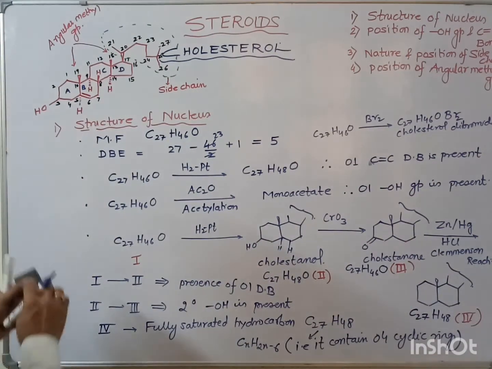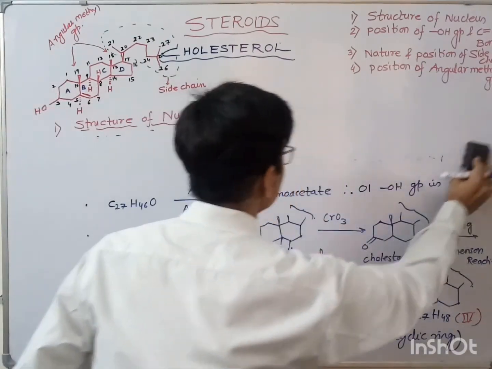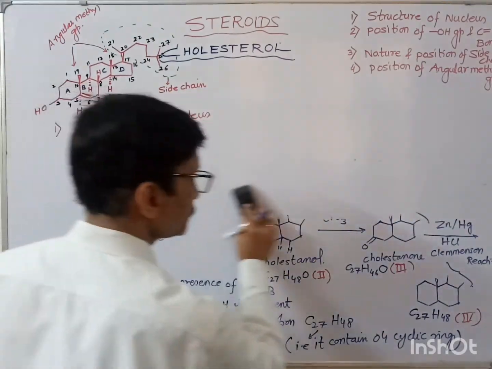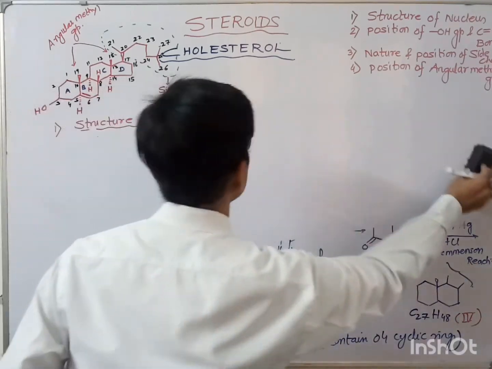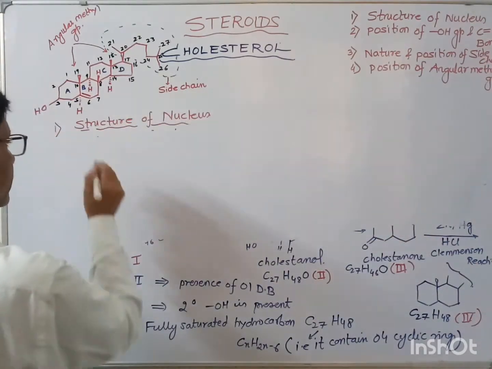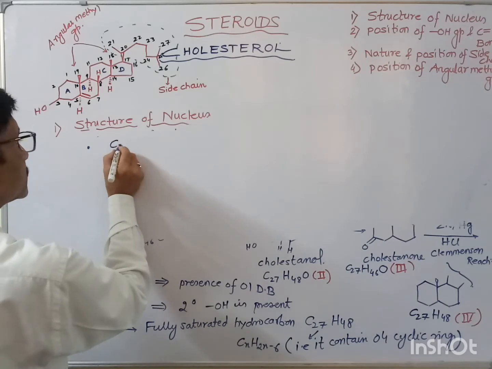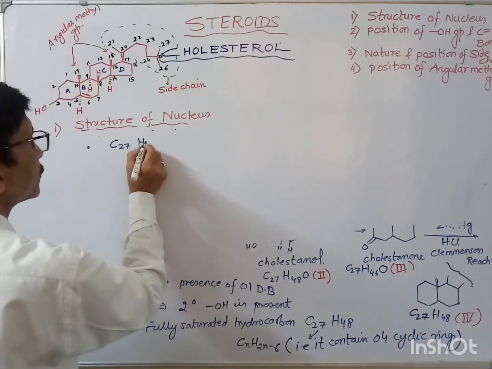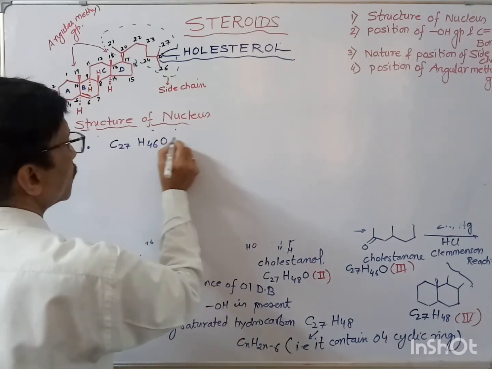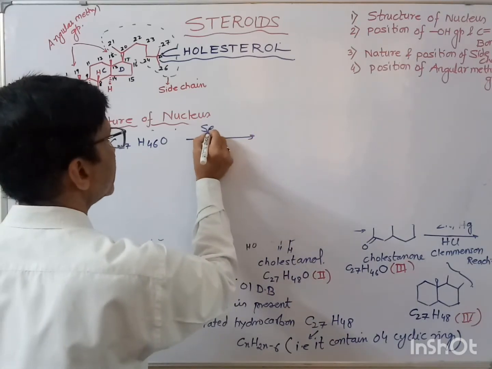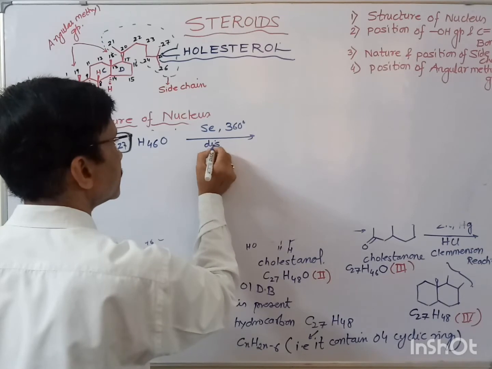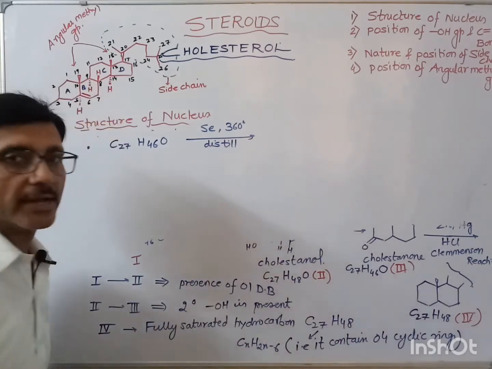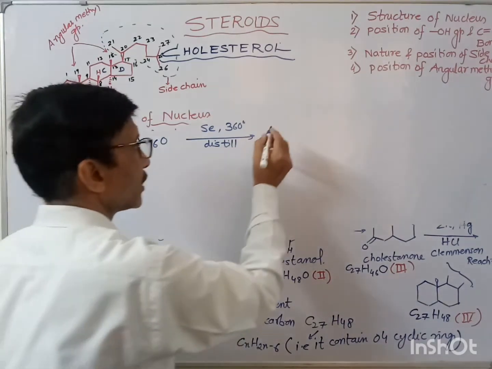Now the next thing that we may draw is when this cholesterol, C27H46O, was treated with selenium at 360 degrees Celsius and distilled, we get the Diels hydrocarbon.